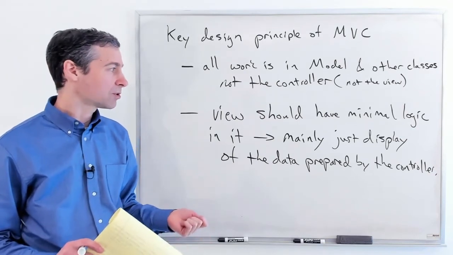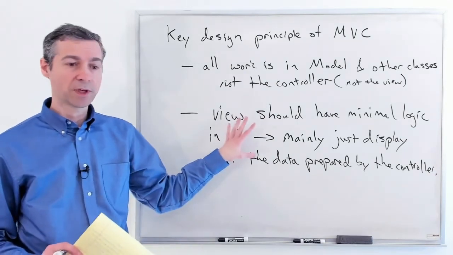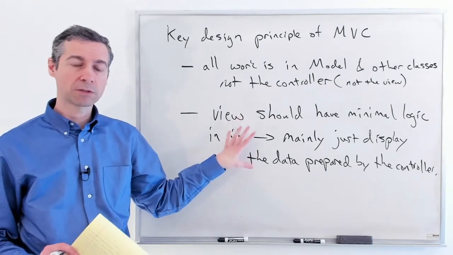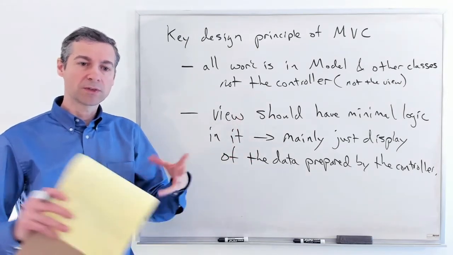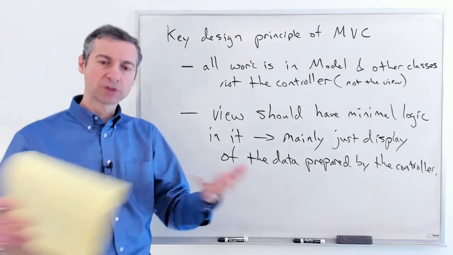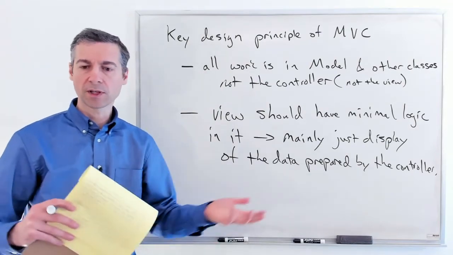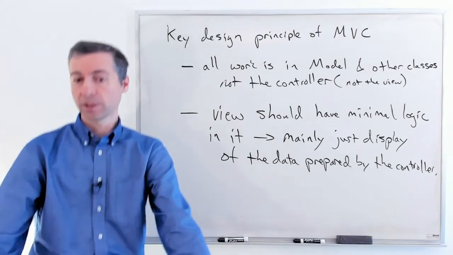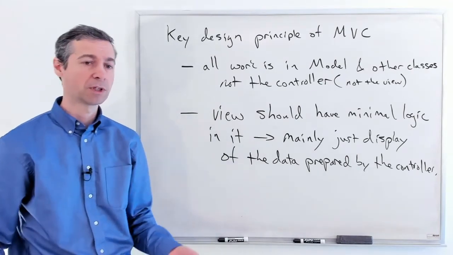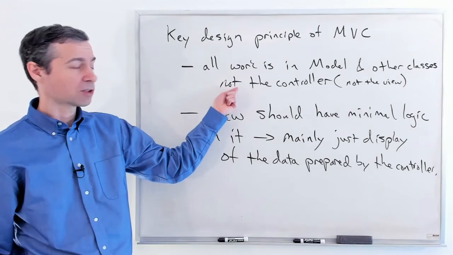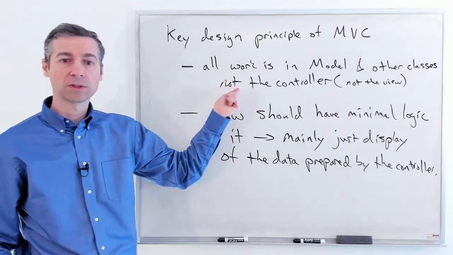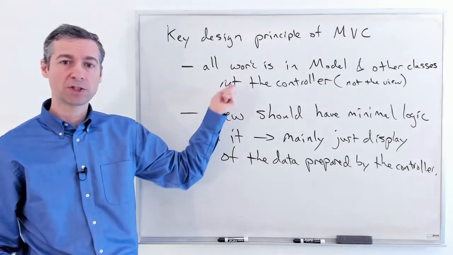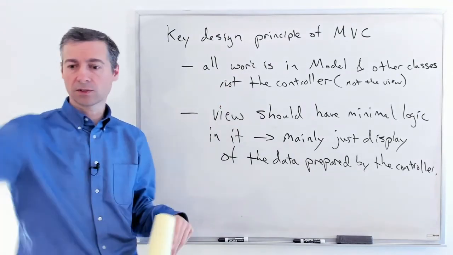I mean, if we want to, we can think of the view sort of as the wait person at a restaurant. They're there presenting, constructing the interface, and then they are also like showing. They bring the food and they show it and they put it on the table for the customer. The controller is sort of like the head chef in the kitchen, saying, do this, do that.